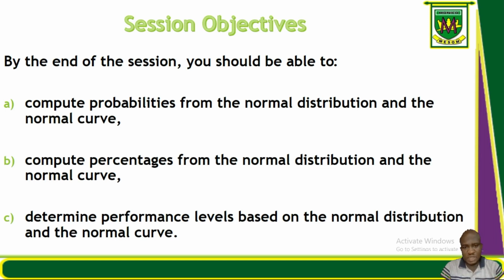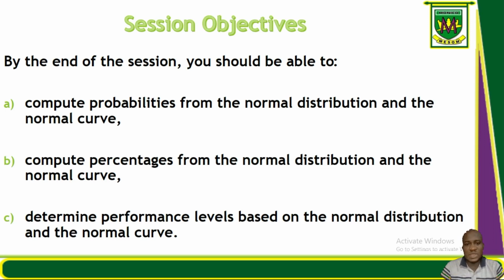So the application has been categorized into three. The first part will concentrate on probabilities, the chance of certain things happening. And here we are going to consider the chance of students scoring either more or less than some specific values, or the chance that some students' scores will fall between certain values.